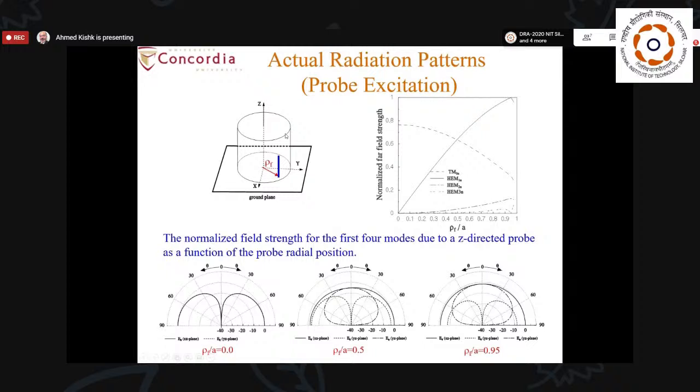And you have to choose the position that strongly excites the mode of the resonator.